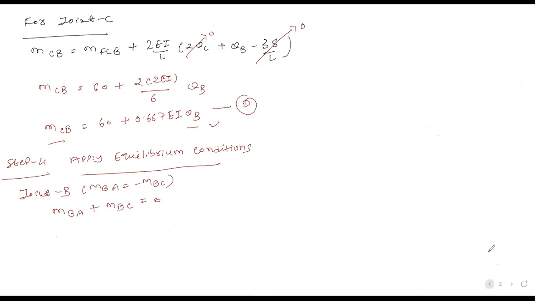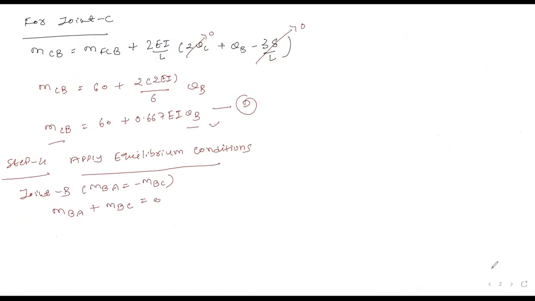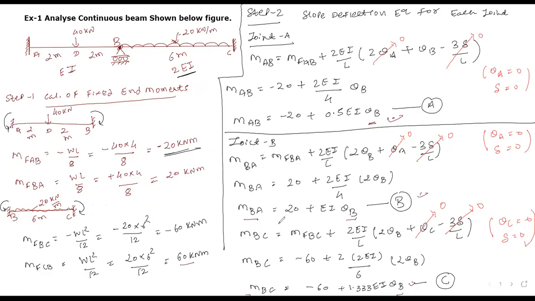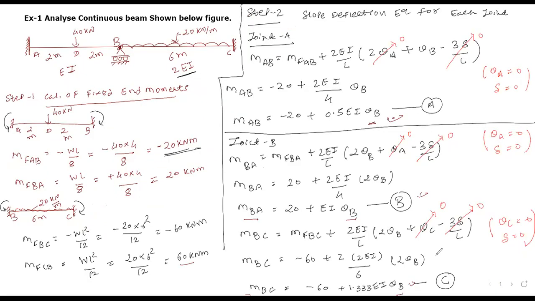Okay, so now we have already calculated MBA. Put the value of MBA. MBA is nothing but 20 plus EI theta B. What is the value of MBC? Again, we have already calculated.